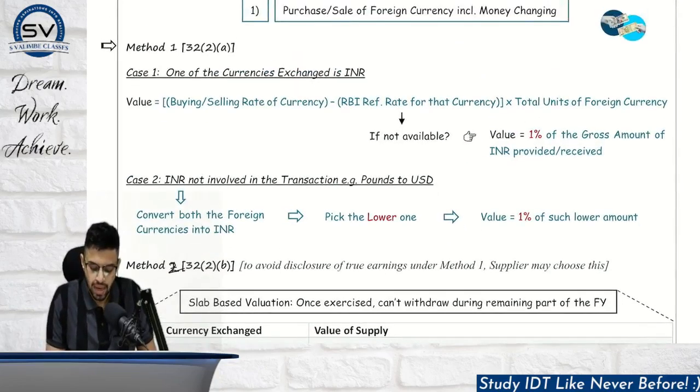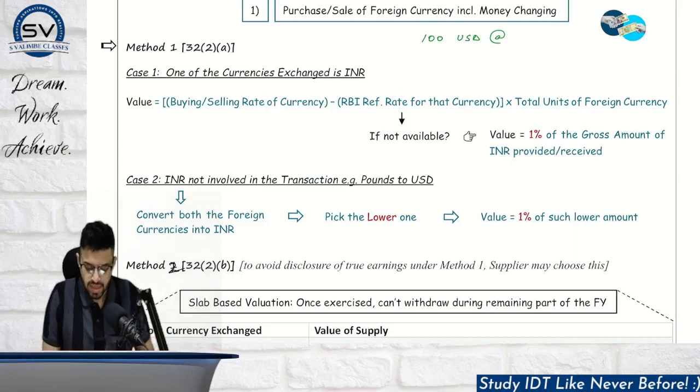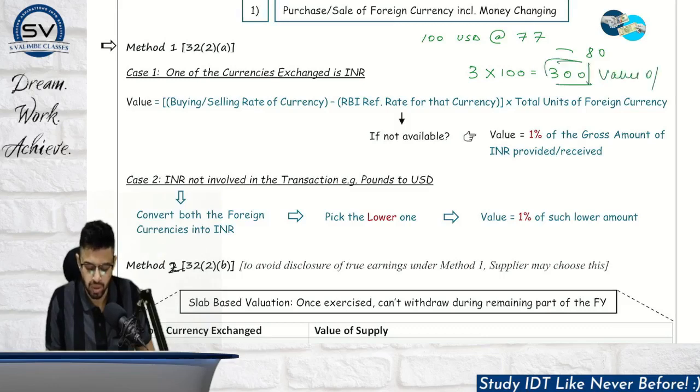Simple case, let's say I bought 100 USD at 77, whereas actual rate is 80. So obviously I'm going to earn that 3 rupees per USD, right? So I paid less amount and I'm going to charge a higher amount when I'm selling this. So in this case, 3 into 100 will be the value of supply, because these were the units.